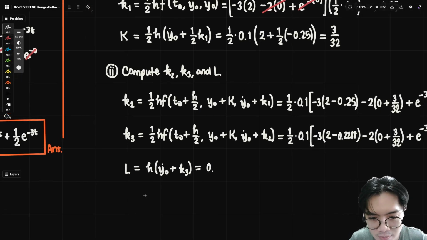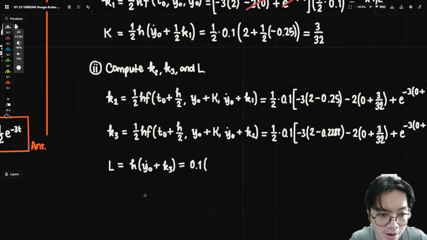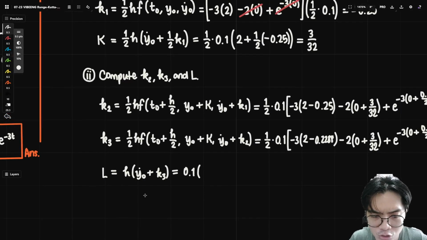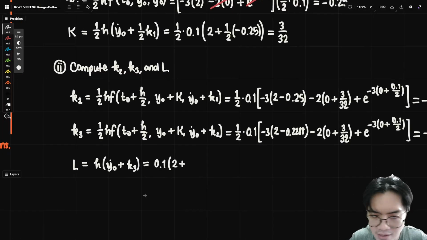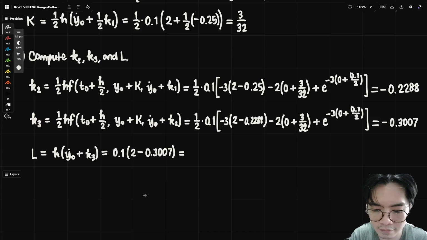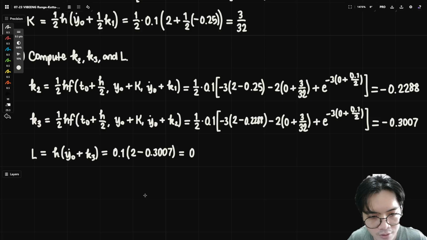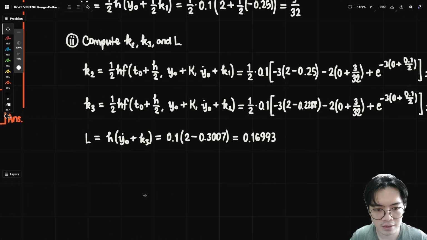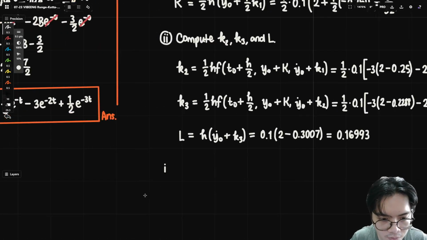This will be 0.1 times our Y0 dot, which is 2, plus the value of K3, which is minus 0.3007. We will now have 0.16993.